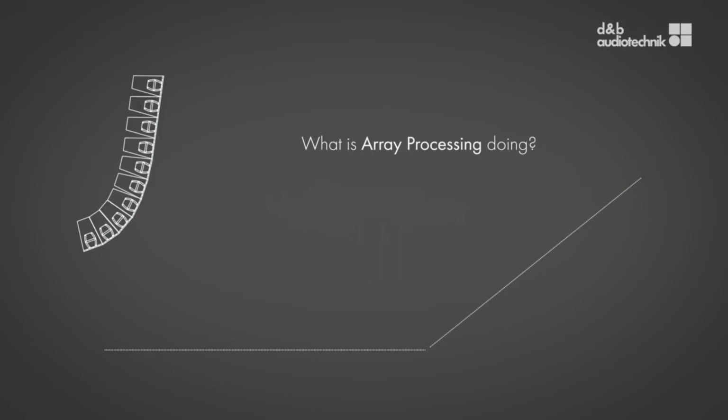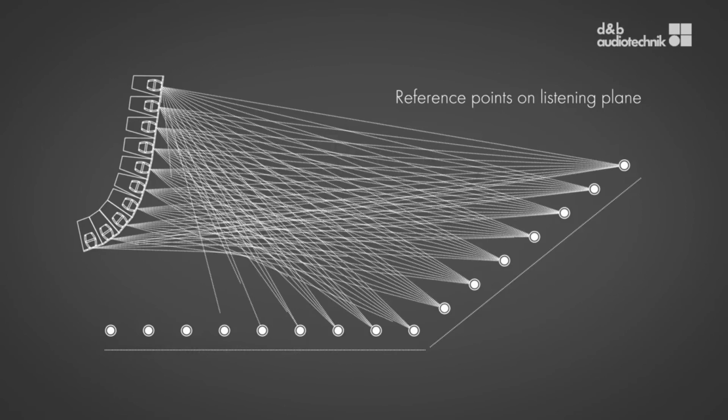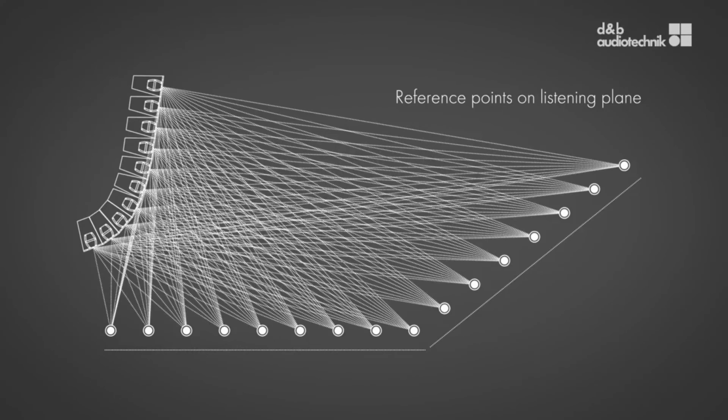So, what is array processing actually doing? When a room model and the array designs are finalized in ArrayCalc, the array processing option can be enabled, which triggers the analysis process. The performance of an array is analyzed for a large number of receive points along all listening planes within its coverage. For every receive point, the sound of every loudspeaker is calculated across 240 individual frequency bands.